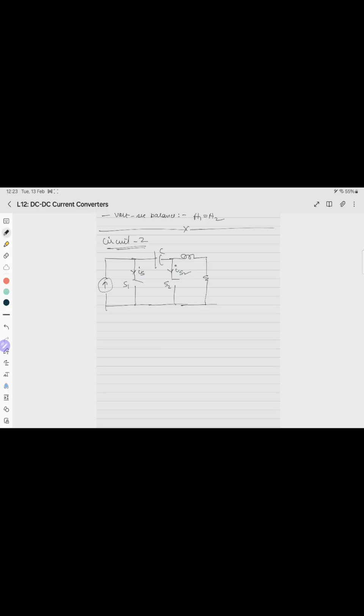IS2, IS1, IC, VC, VL, V0, I0, which equals IL, I in.